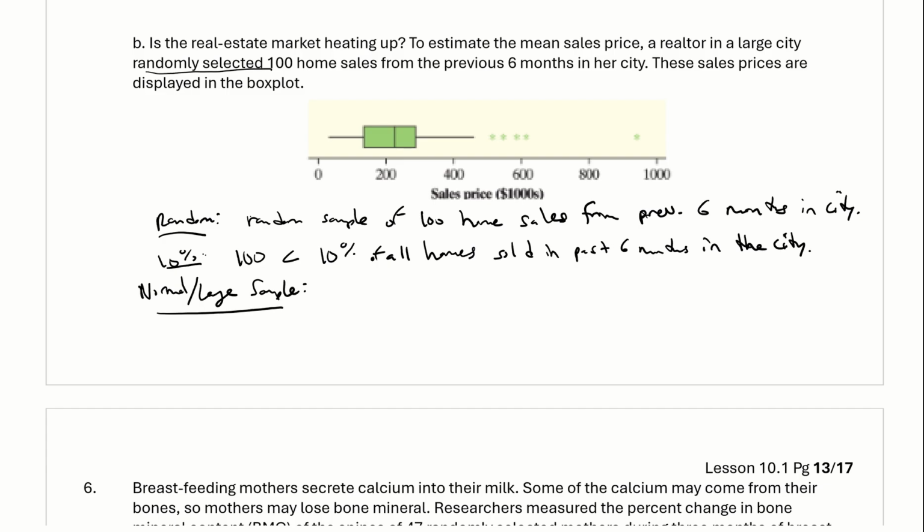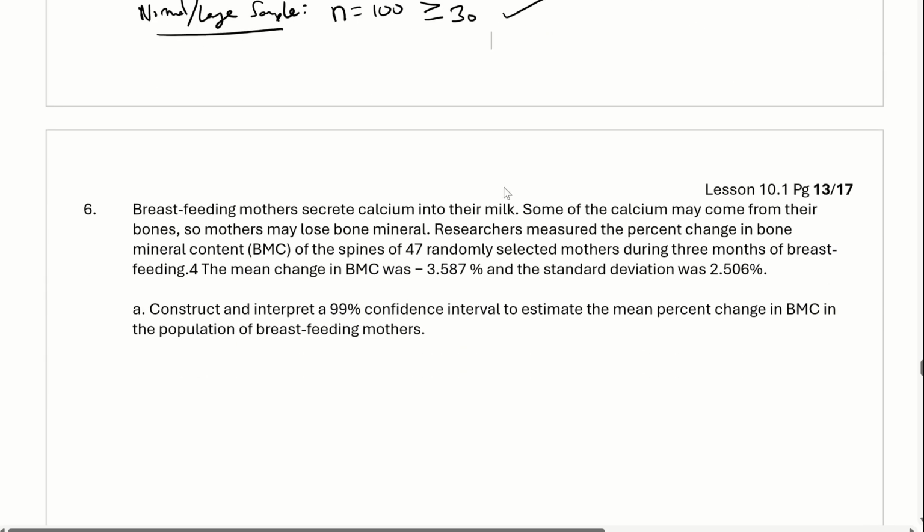So in this case, we have 100 homes. It doesn't really matter that we have outliers there because we have a large enough sample size. So n equals 100 is greater than or equal to 30. So even though there are outliers, it's still met because the sample size is large. All right, so it doesn't matter.